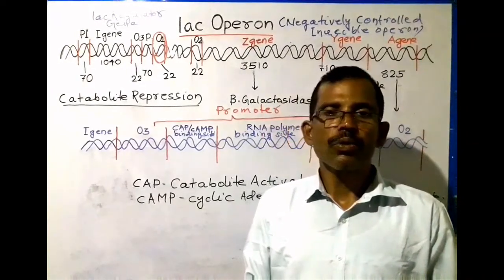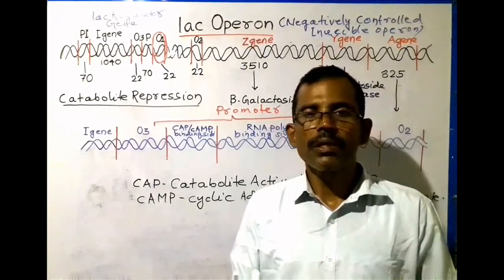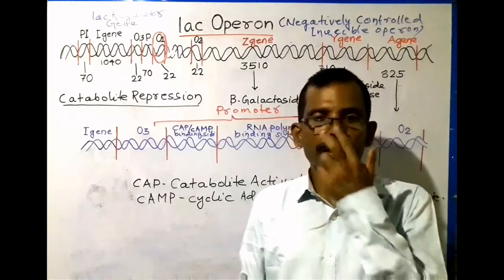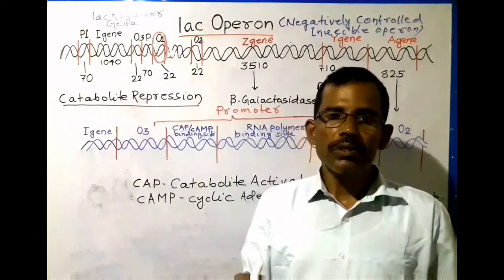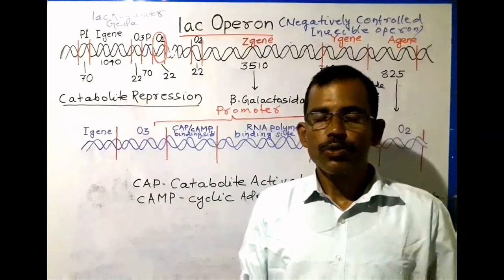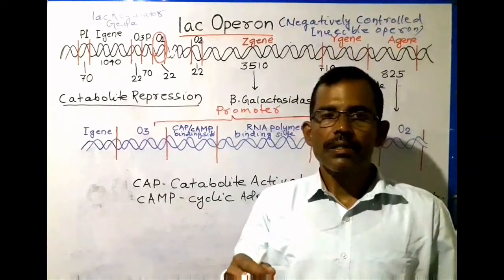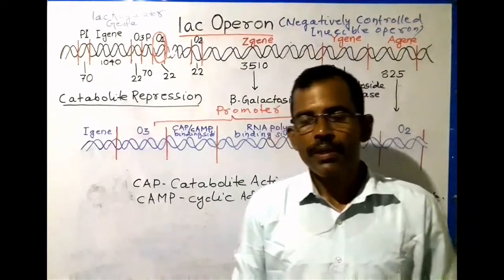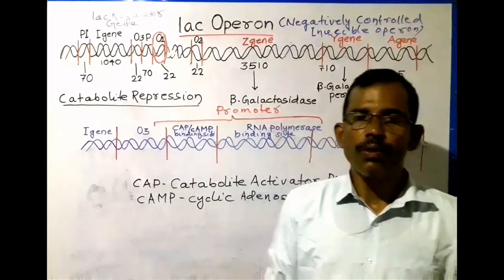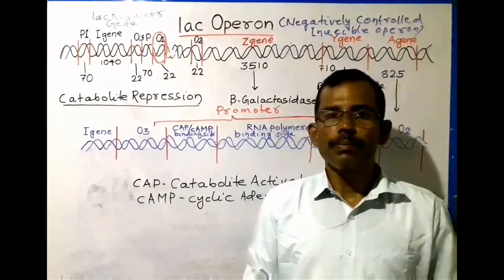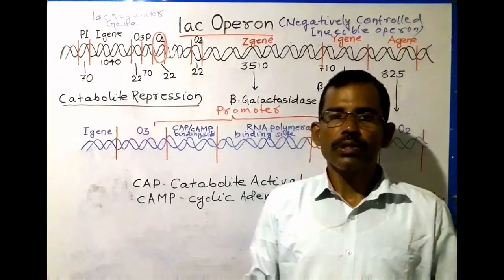So when glucose is present in the nutrient medium, only glucose is utilized. So glucose is preferentially utilized as the source of energy. This phenomenon is known as catabolite repression or glucose effect.